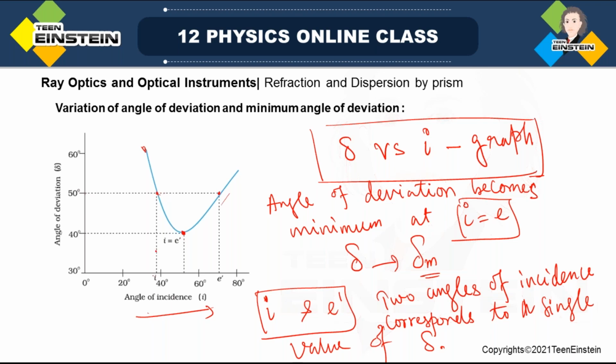Delta is 50 over here, but how many angles of incidence do you get? One is here, below 40, another one is here, around 70. You look here, there are two angles of incidence. What does this mean? One is I, another one is E. That means one angle is the angle of incidence, another one is the angle of emergence.